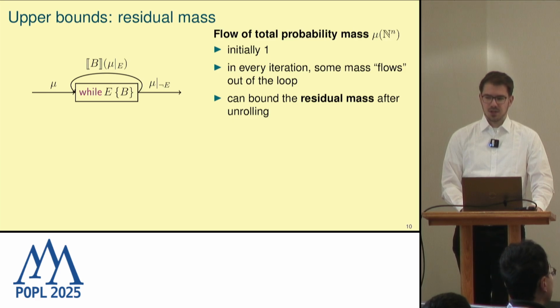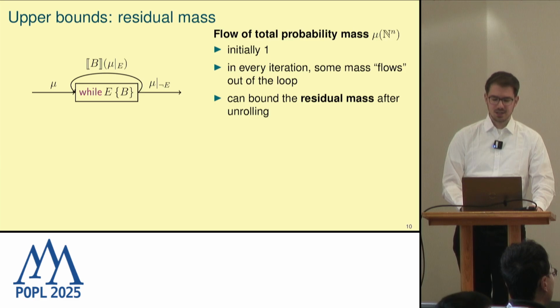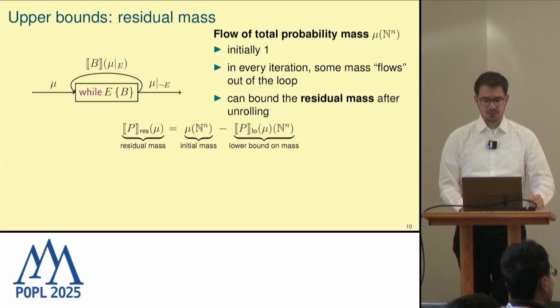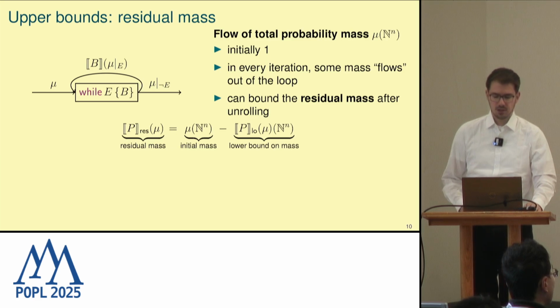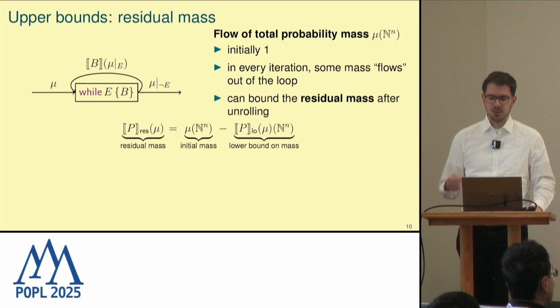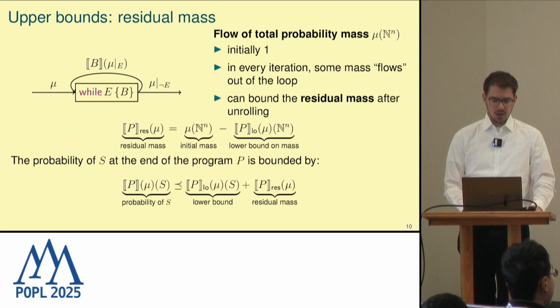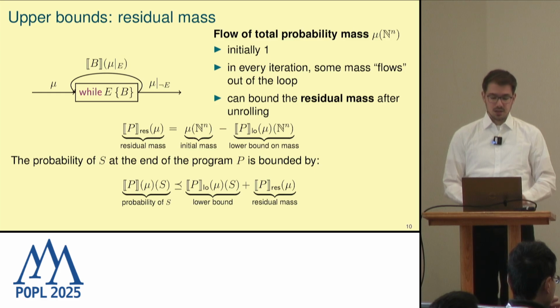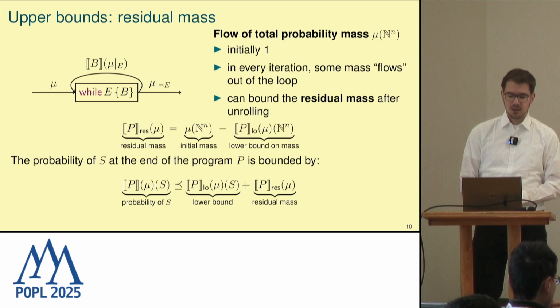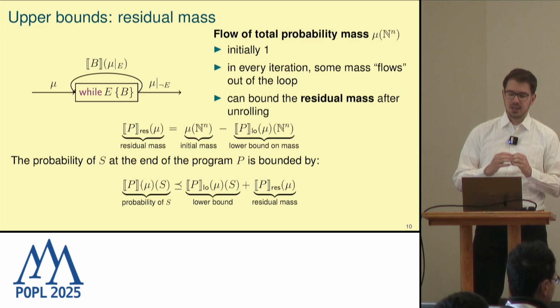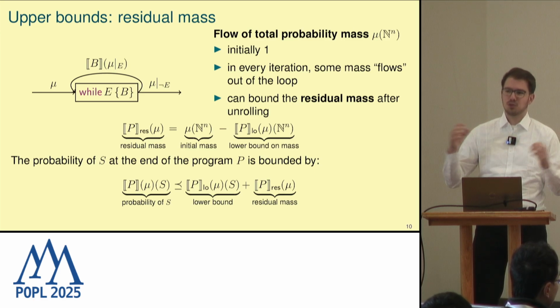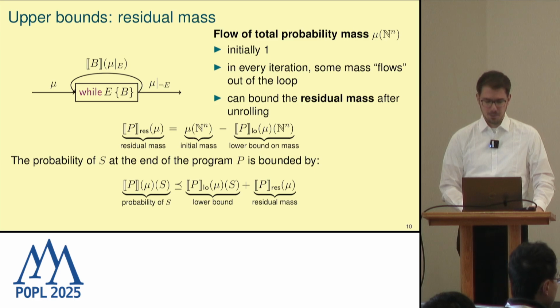So we can bound the residual mass that's still inside the cycle if we just take the difference between the initial probability mass that has flown in and the lower bound that we computed with the unrolling. And this way, we can bound the probability of an event S at the end of the loop by just taking the lower bound and adding the residual mass, because there's no more mass left, so this will be an upper bound.